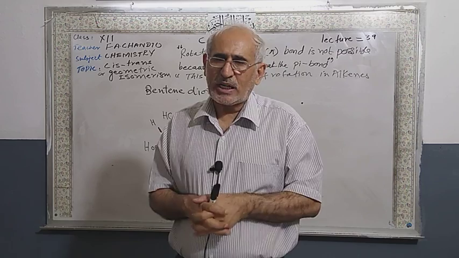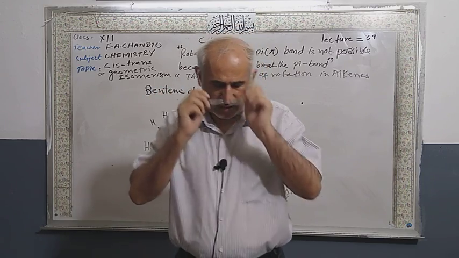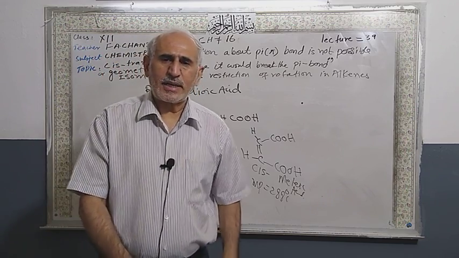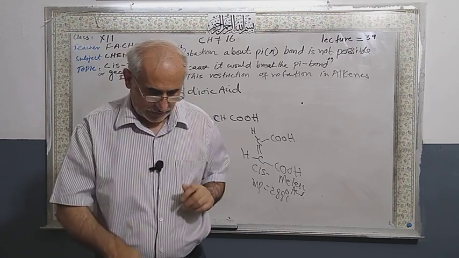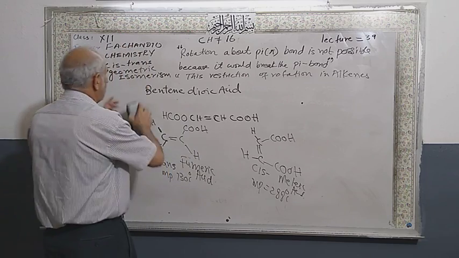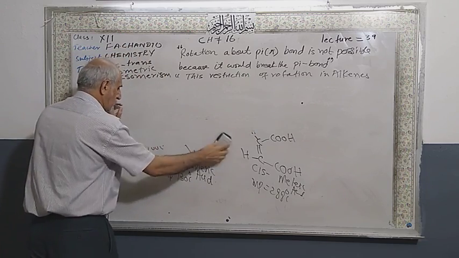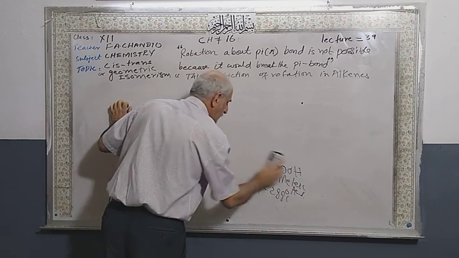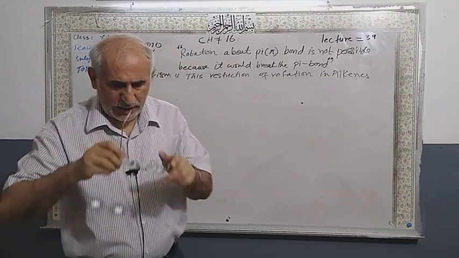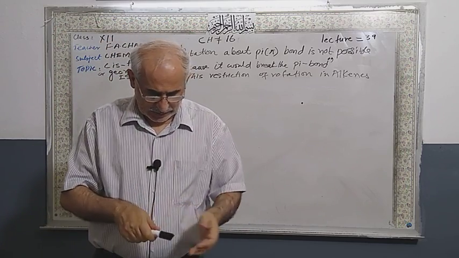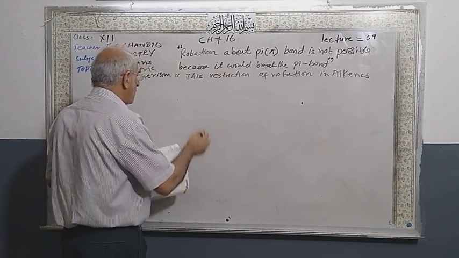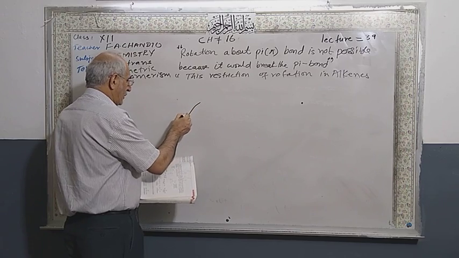Students, geometrical isomerism is also possible in cyclic compounds. In cyclic compounds, there is also the possibility of forming cis and trans geometrical isomers. So suppose you have a cyclopropane.